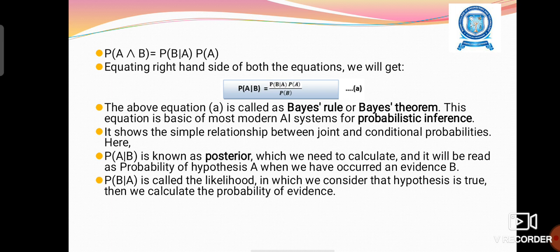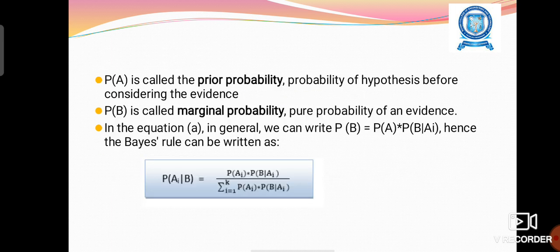Here P(A|B) is known as the posterior probability, which is the probability we need to calculate. P(B|A), which we must have to calculate the previous one, is called the likelihood. P(A) is called the prior probability, and P(B) is called the marginal probability.